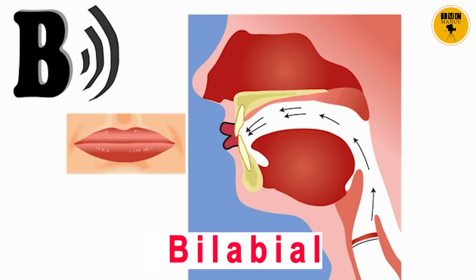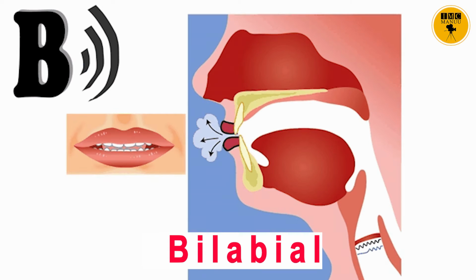Did you find your lips come close together when you said P? Yes. P, pen, P, park, P, pencil. So you have the 2 lips coming together in the articulation of the P sound. Hence we can say that this is a bilabial. The place of articulation is the lips, the 2 lips coming close together.